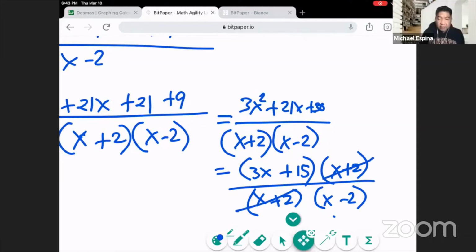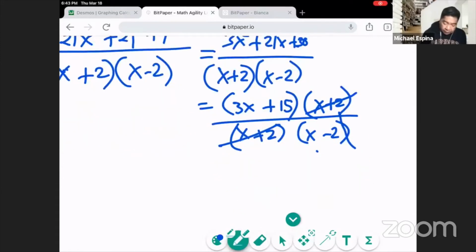So the hole is actually at x equals negative 2. And so the limit is now 3x plus 15 over x minus 2.